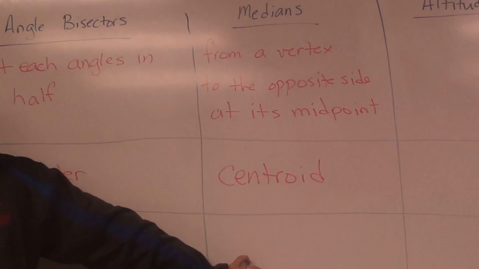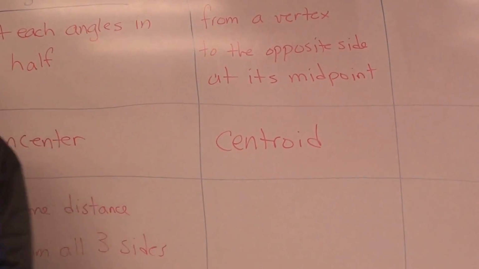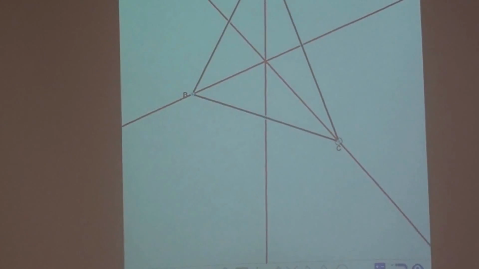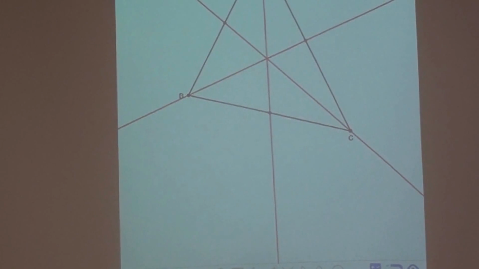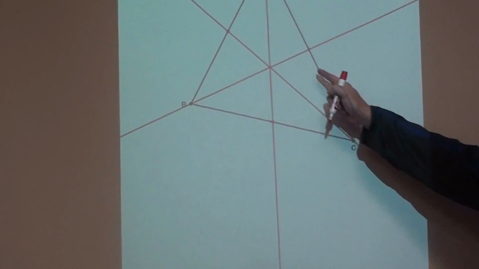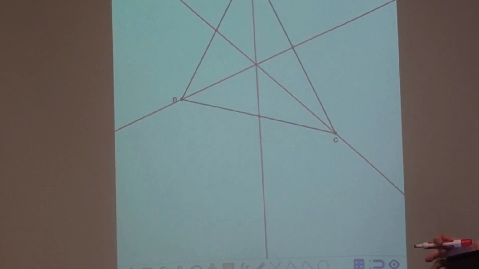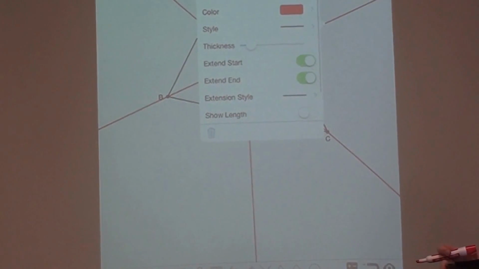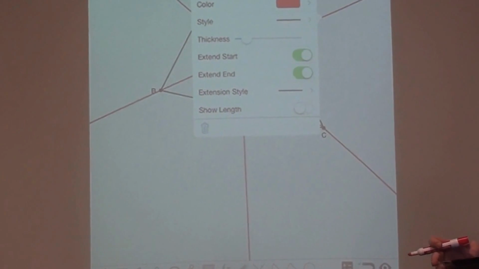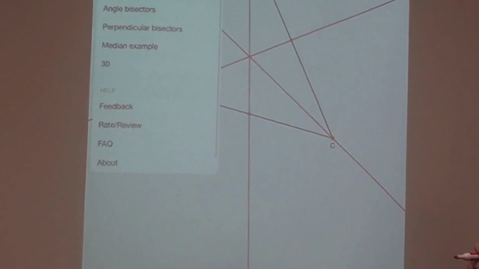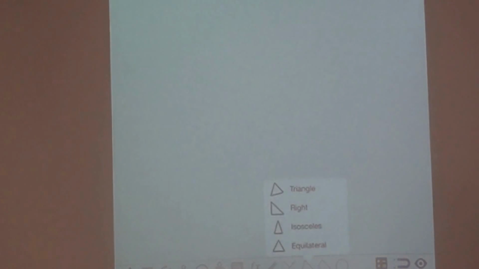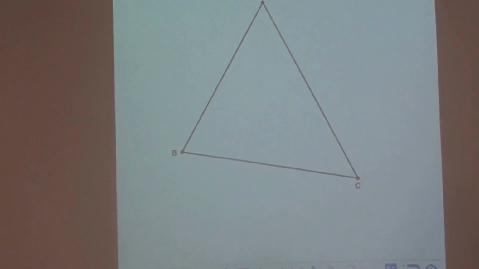Now, here's the big thing. What is special about this centroid? Well, let's focus on, and I want to get a little better looking triangle now. We kind of distorted it. Let's get, how about right here? And I want to focus on just one of the medians. We will make a new triangle, and we'll just do one median.